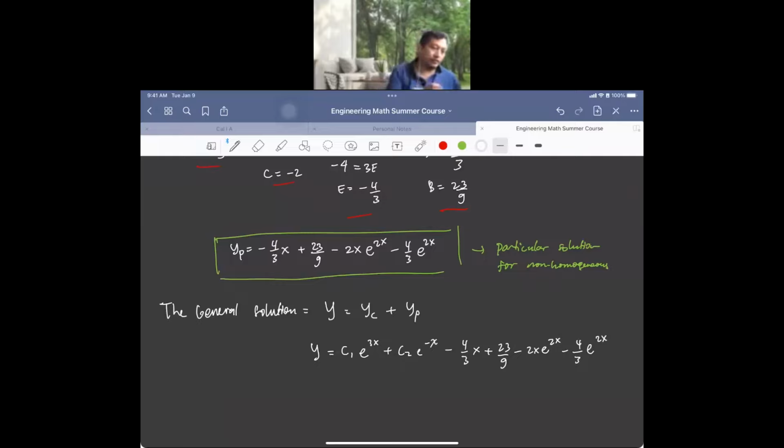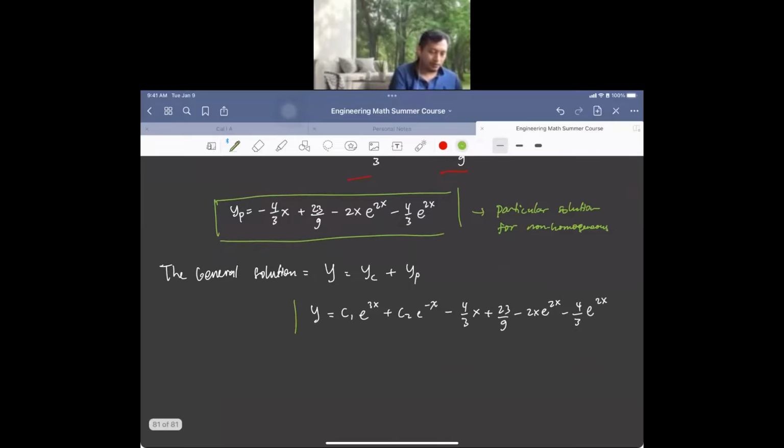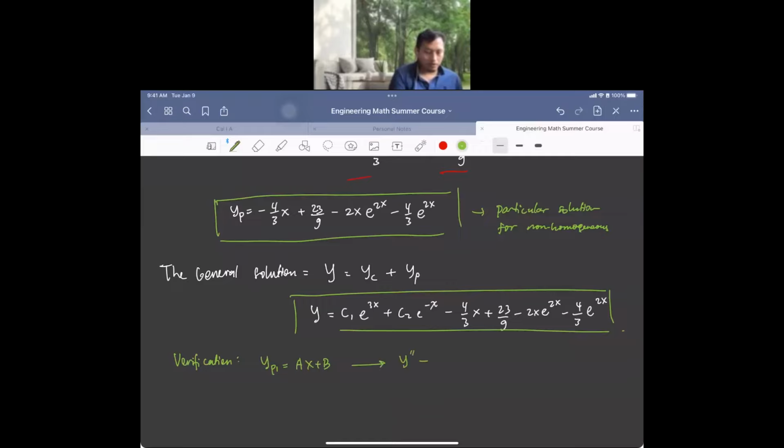If you want to verify whether this is correct or not, we can verify. So this is the general solution. How to verify? We can check the yp1, that is ax plus b, and substitute into y prime minus 2y prime.